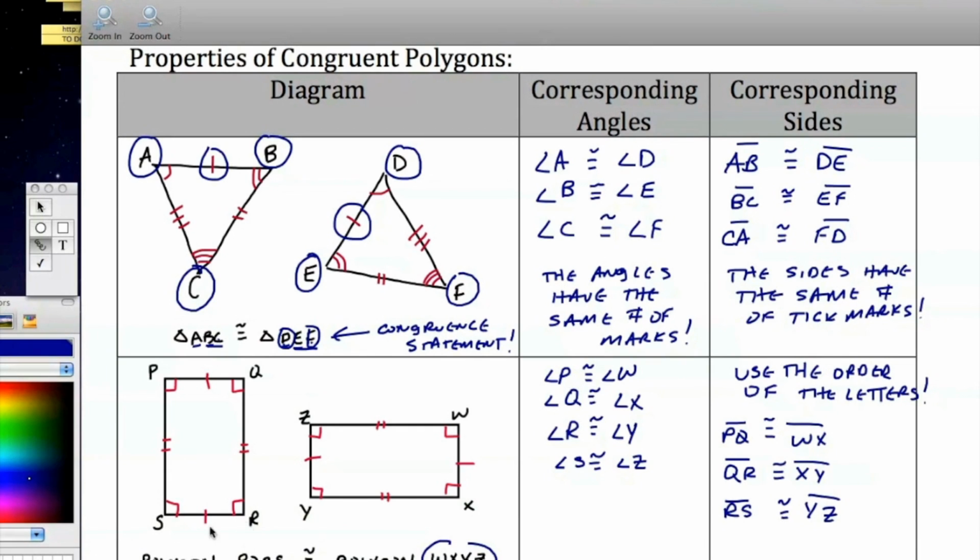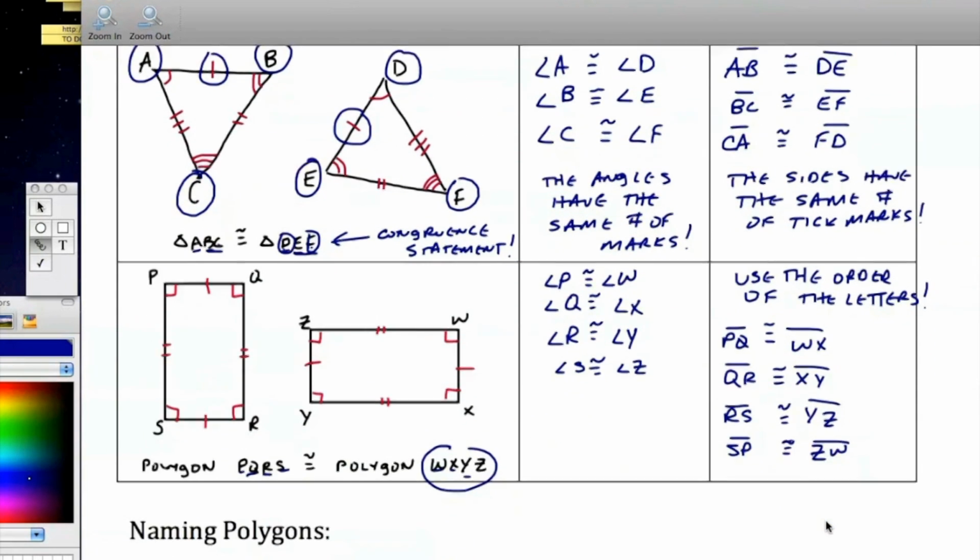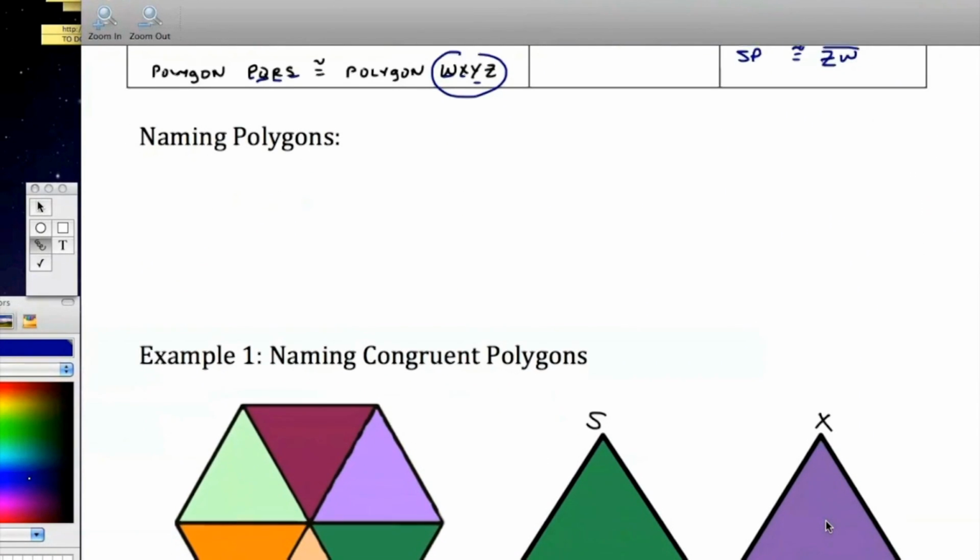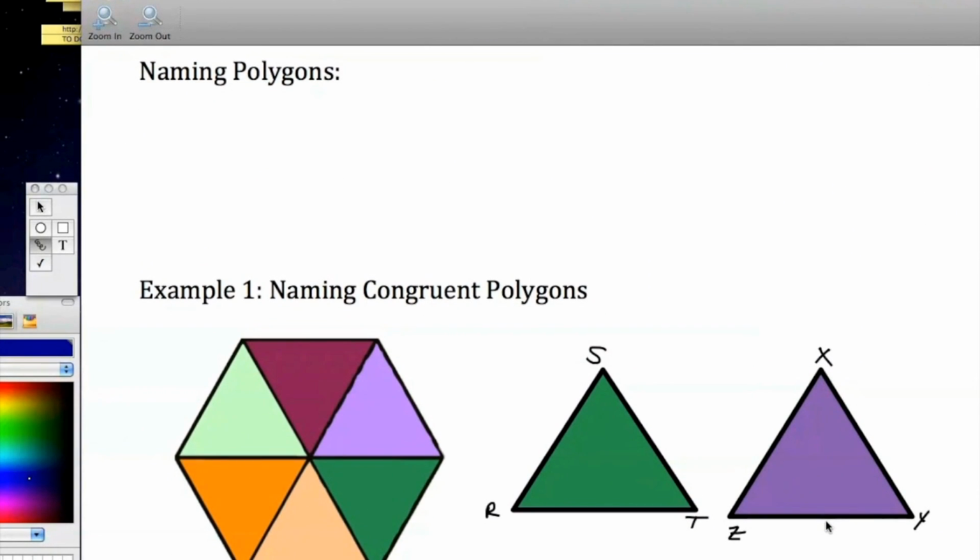And so that means that our last side is SP. SP is going to be congruent to last and first, ZW. Okay? That's exactly how this works, guys. Okay, it's a matching game. It's really just a system of saying these sides in the same order.